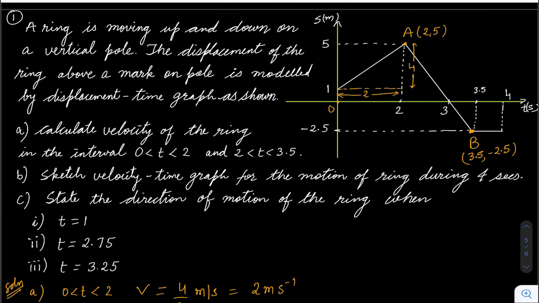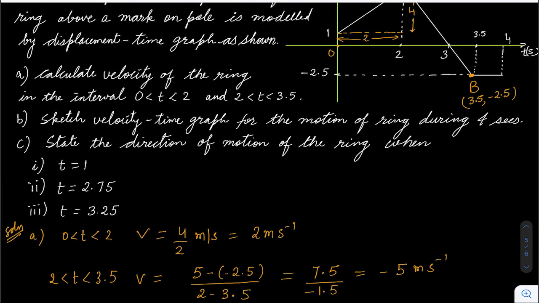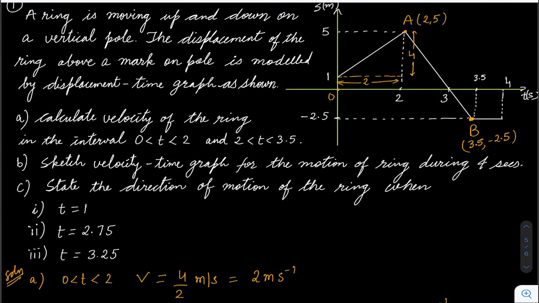Next. Sketch the velocity-time graph for the motion of the ring during 4 seconds. So for the first 2 seconds we know its velocity is 2 meter per second. For the next 2 to 3.5 we know its velocity is minus 5 meter per second. What's happening from 3.5 to 4? This is a straight line parallel to the t-axis, so gradient is 0.